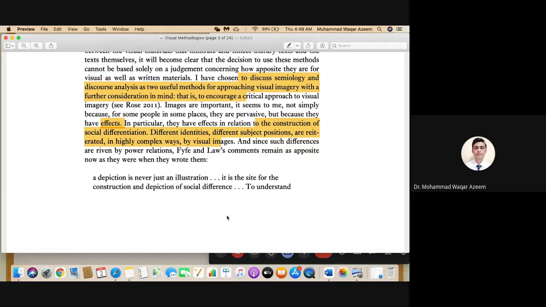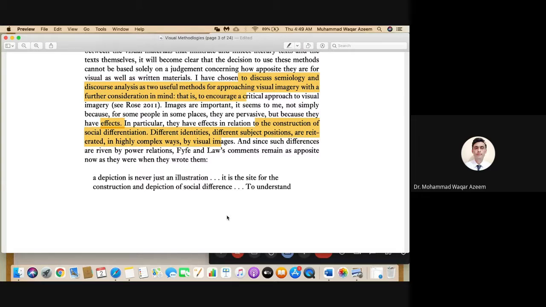However, when a certain gender is represented with a certain dress code repetitively over and over again through various visual representations like film, drama, painting, advertisement, when a certain gender is represented over and over again through one particular dress code, okay, say for example, a veil, right? Or any other dress code that you can possibly think of.